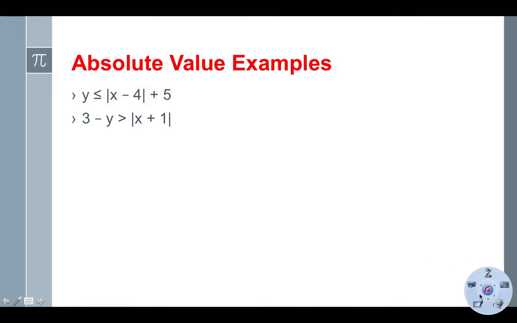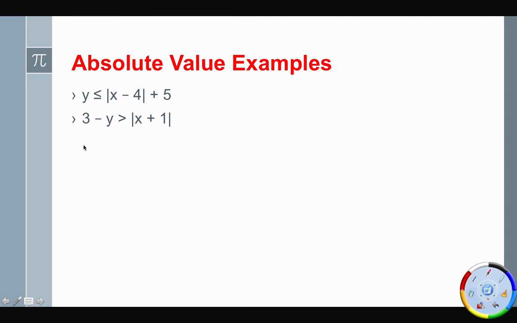All right, let's try one more right here, and then I will set you loose. This one is a good one because it requires you to get y by itself first. So what we're going to do here is subtract 3 from both sides.